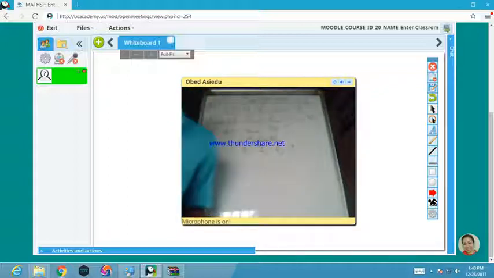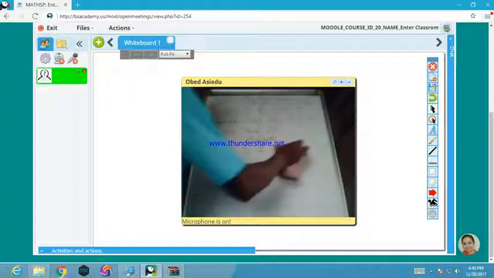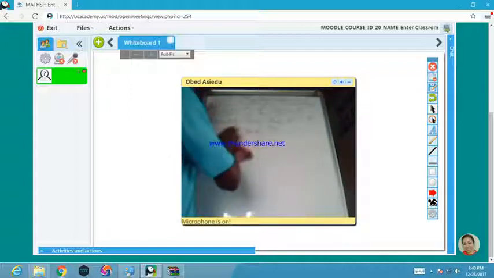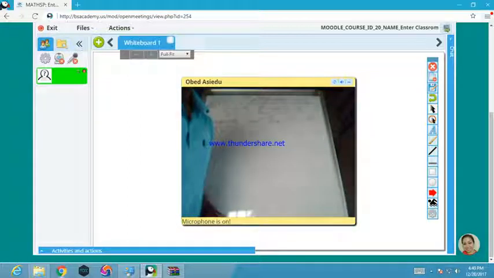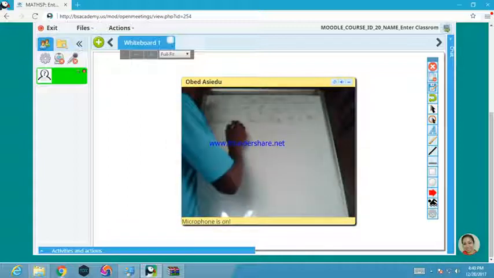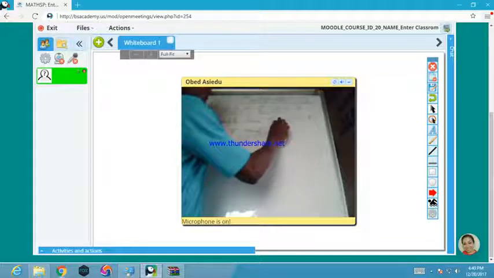Okay, let's use a simpler number. For example, if we are given 18 and 24, find the HCF of 18 and 24.